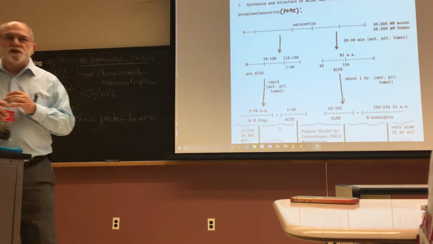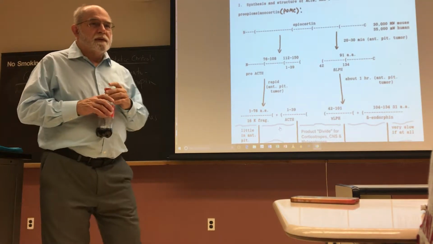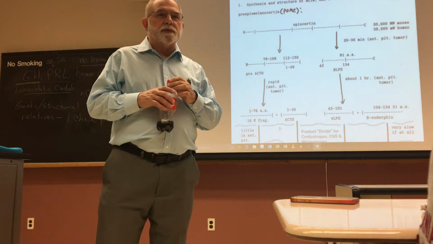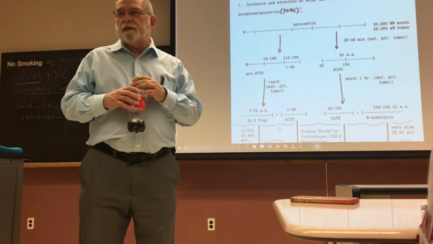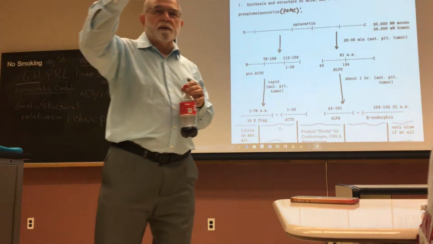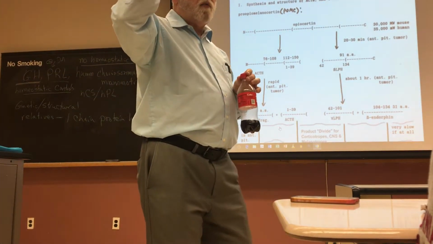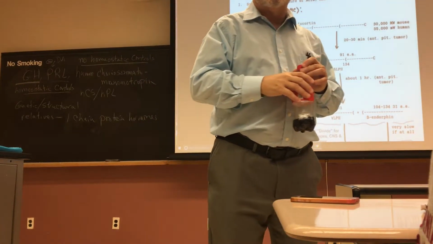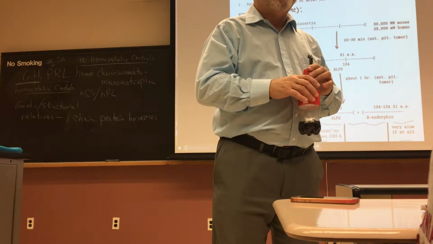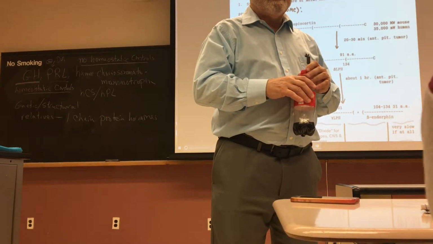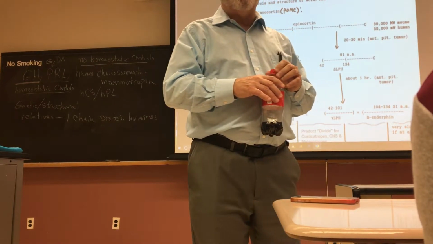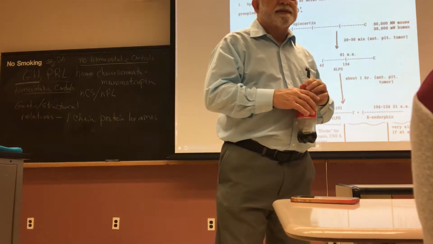What does ACTH do? What does it do to glucocorticoids? It stimulates release from where? From where in the adrenal glands? The cortex, yes. Can you be more specific than the cortex?